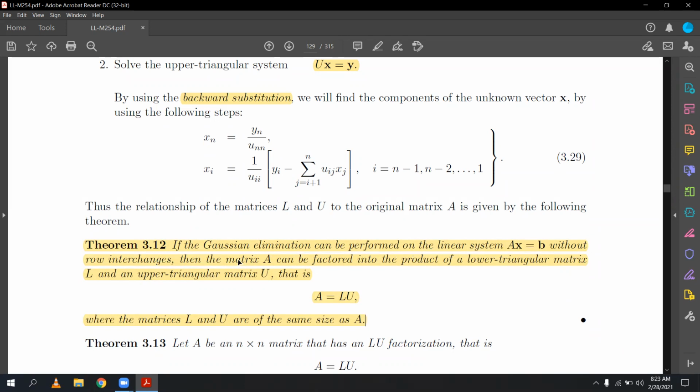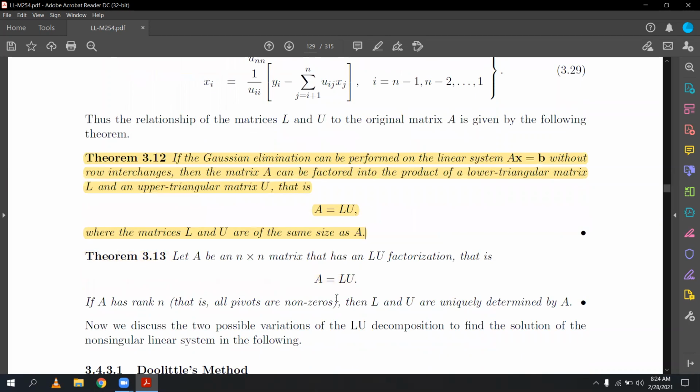If the diagonal element becomes 0, we interchange the row. But if you interchange the row in the simple Gauss elimination, then direct LU decomposition is never possible. So it means if we use simple Gauss elimination and never interchange the row, then we can find the factorization of A in the form of L and U. This is a very good theorem we have here.